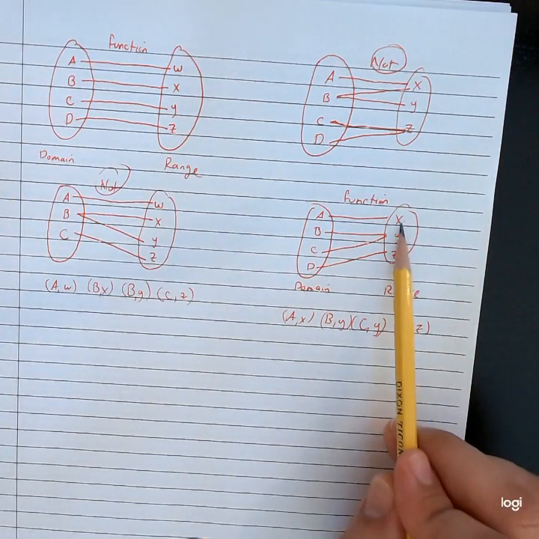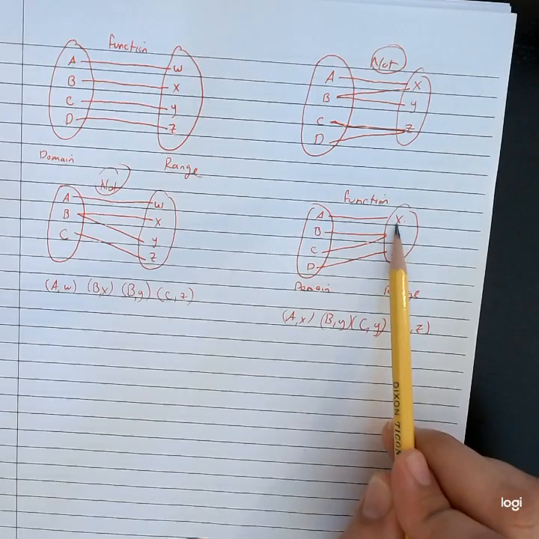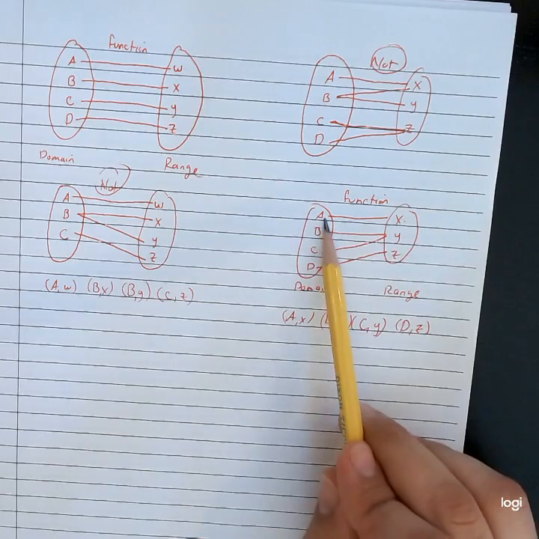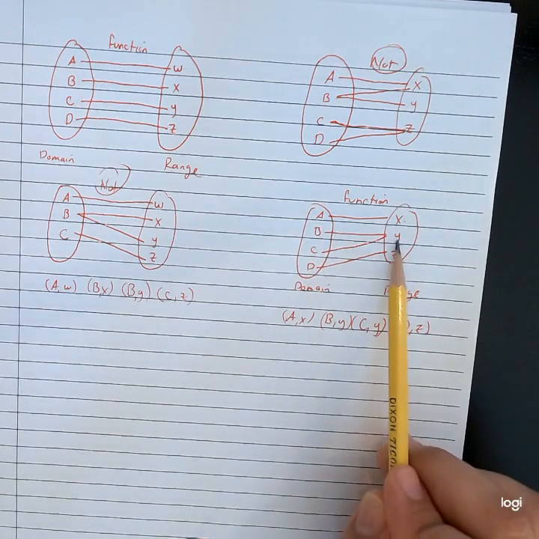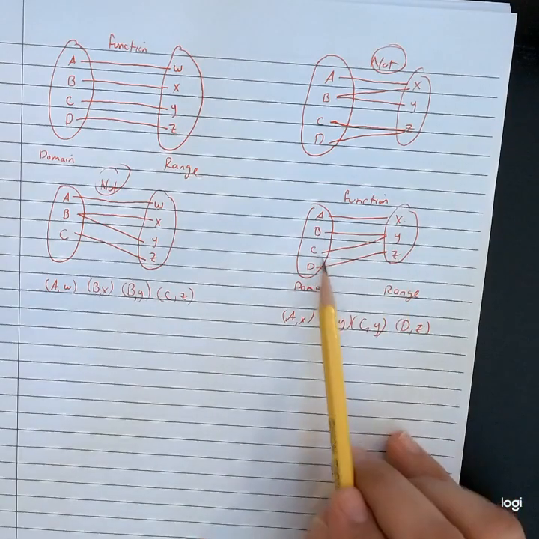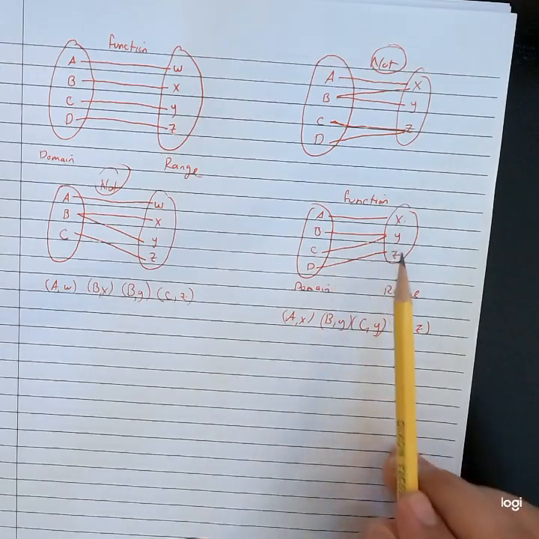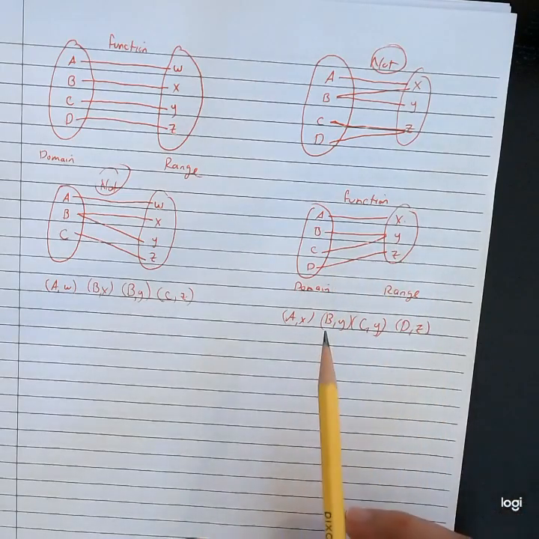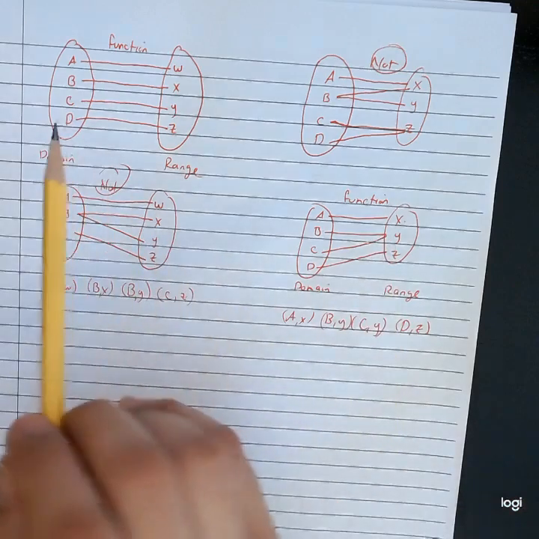You couldn't do that over here. Because notice, if I say, okay, I have a value from my range, which is an X, that's paired with an A. But if I say Y from the range, what is that paired with in the domain? Well, we don't know. It could pair with both B and C. When we talk about the inverse of a function, we mean exactly this. Can we go backwards?